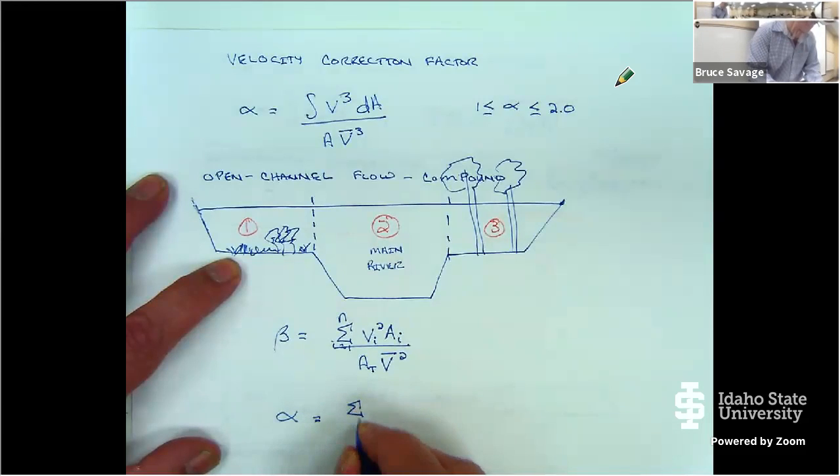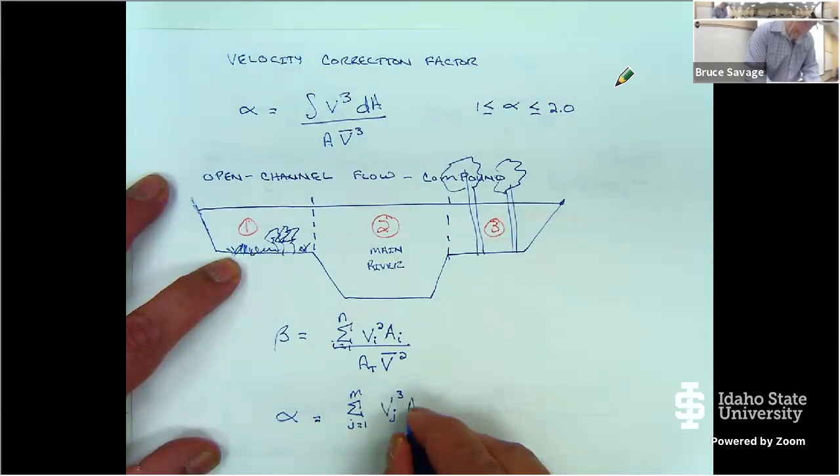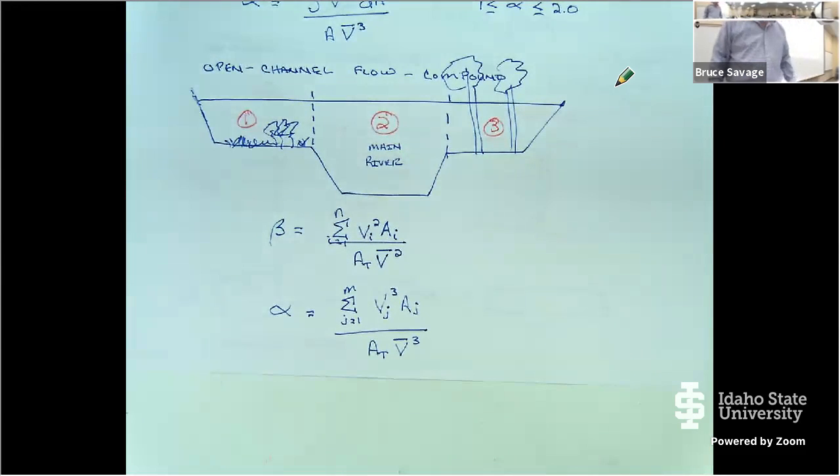That is the sum from j equals 1 up to m of V sub j cubed times A sub j, the whole thing divided by A sub T, the total area, times the average velocity cubed. And this is very important. This is the one time in practice when we do use the momentum correction coefficient and the energy correction coefficient.